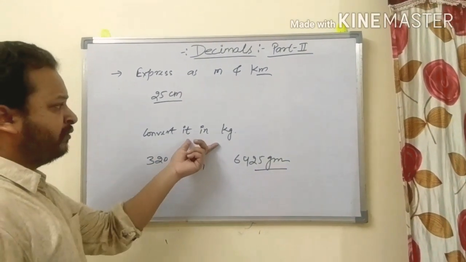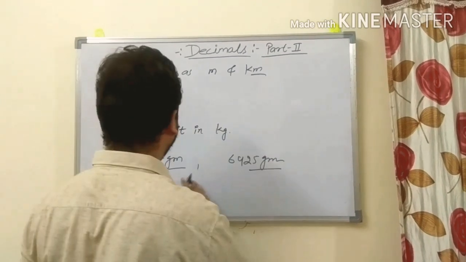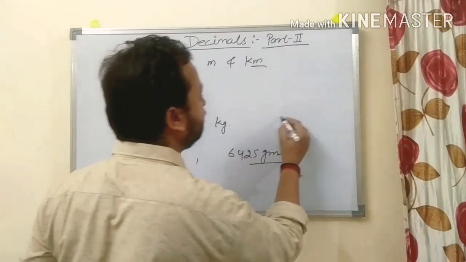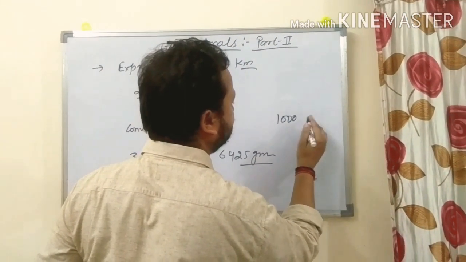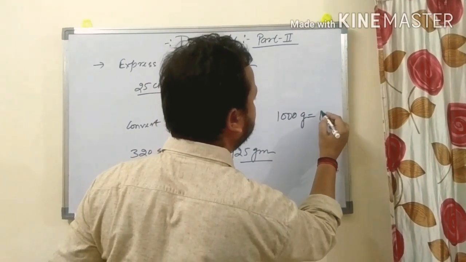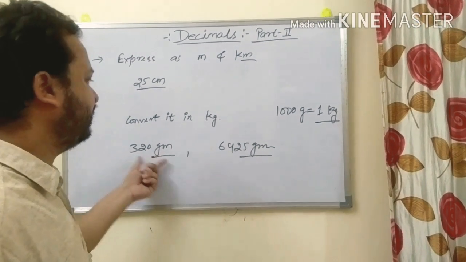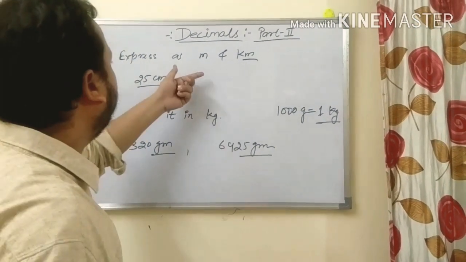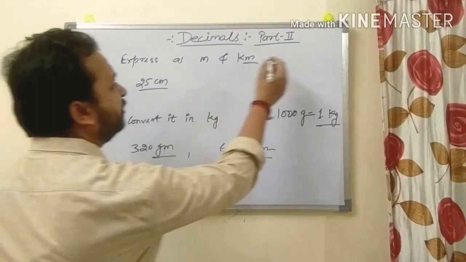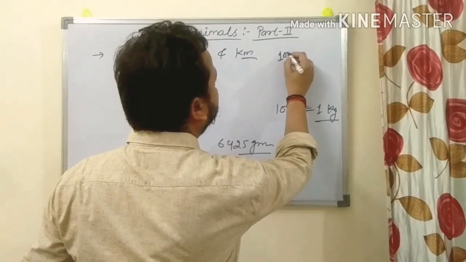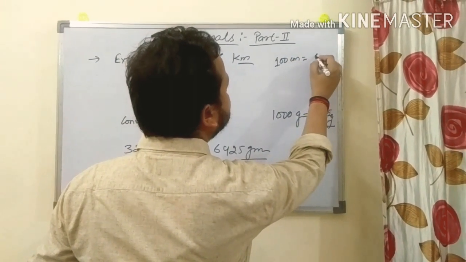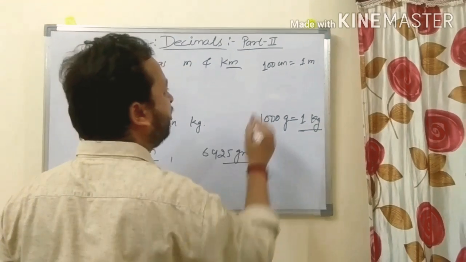So you have to know the conversion, kg to gram, gram to kg, and you know 1000 gram is equal to 1 kg, right? So divide these numbers by 1000. And in this part you know 100 centimeter equals 1 meter, right?